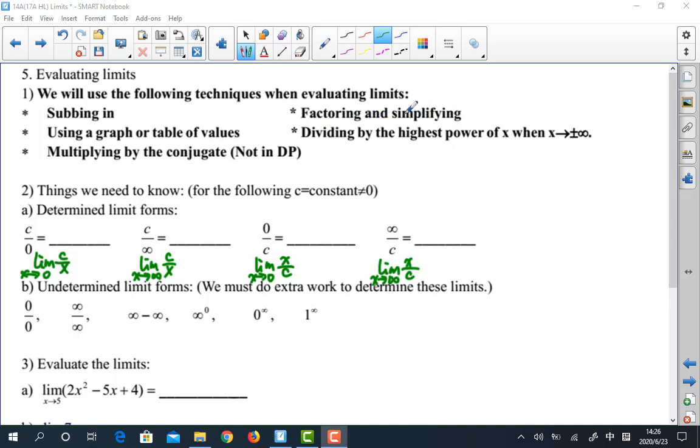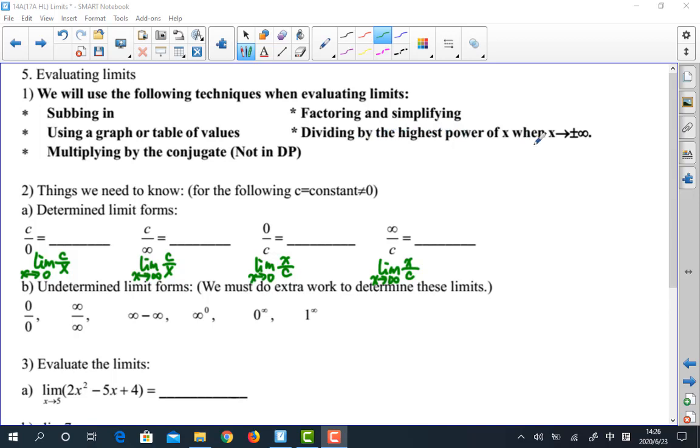You can see these 2 techniques can be applied to a rational function. So you factor the top and the bottom and reduce the function to the lowest term. Use a graph or table values. So if sub-in doesn't work, if factoring and simplifying don't work, we can use a graph or table values to look at the limit of a function when x approaches a.